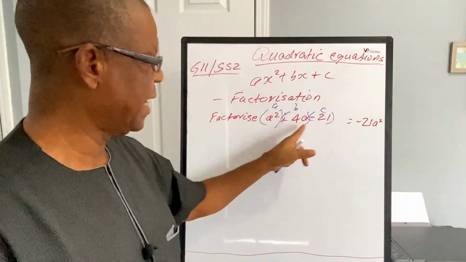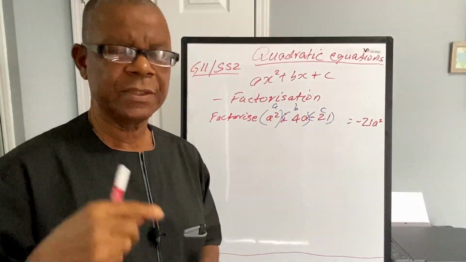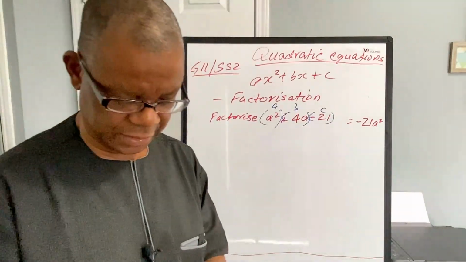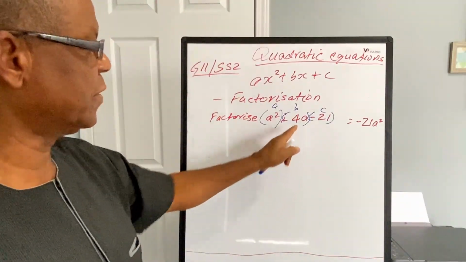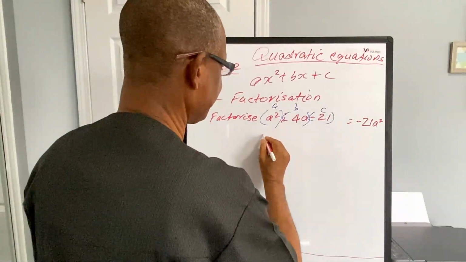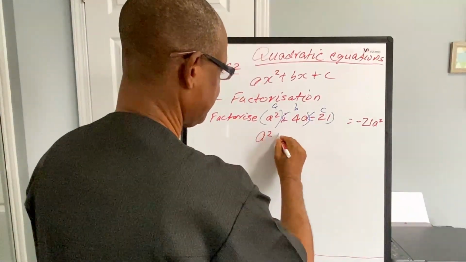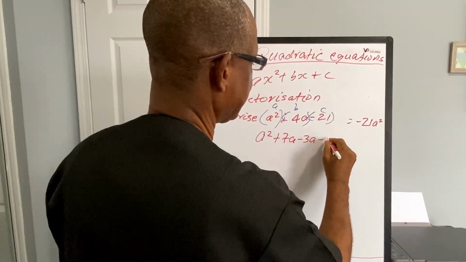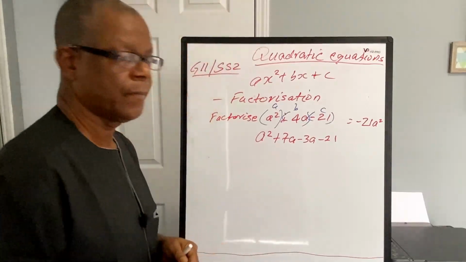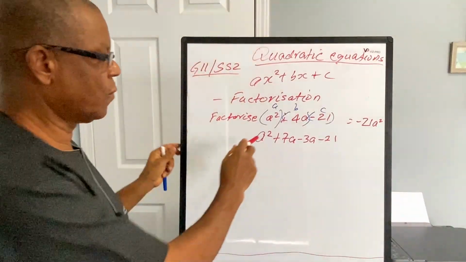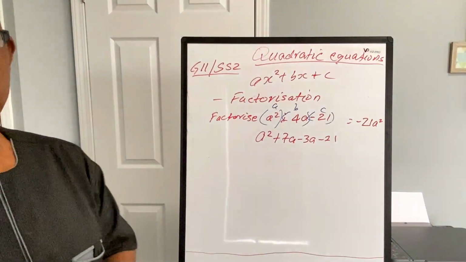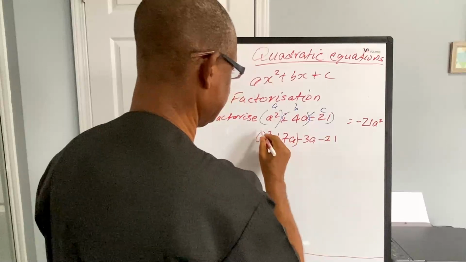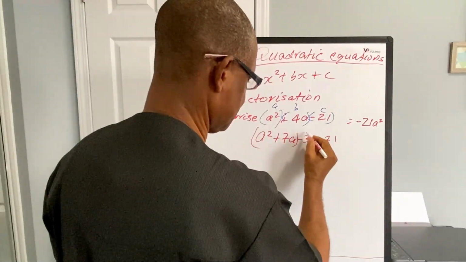We now substitute those values for this 4a by now having a squared plus 7a minus 3a minus 21. By so doing, we now have 4 terms. We group in twos: the first two as one group, and the second two also as one group.